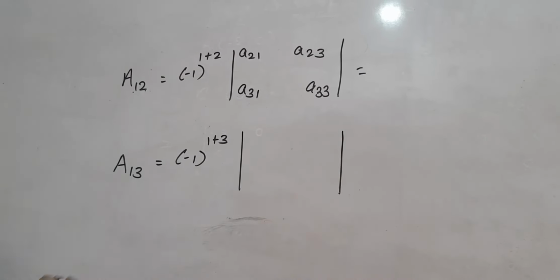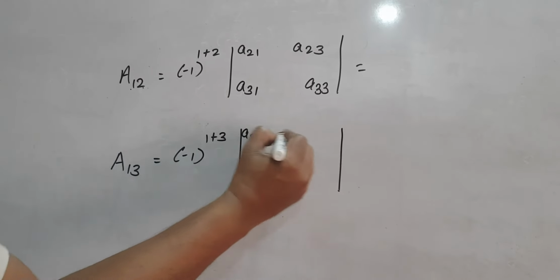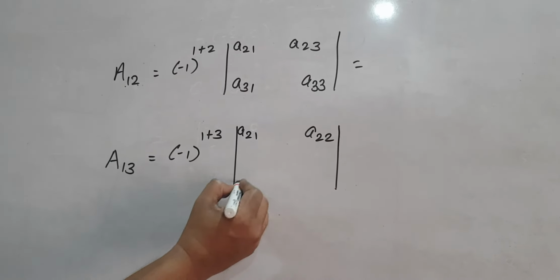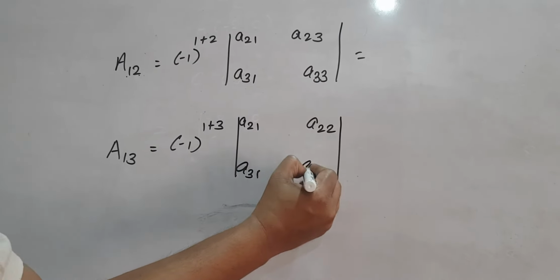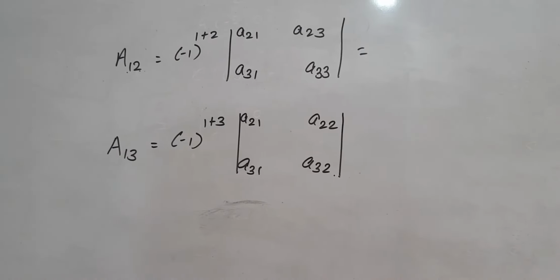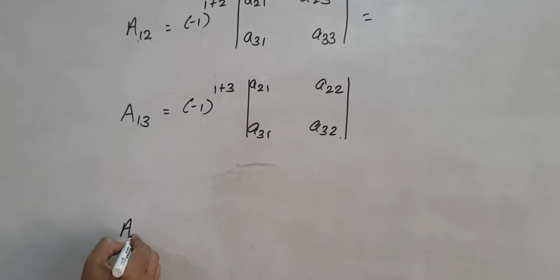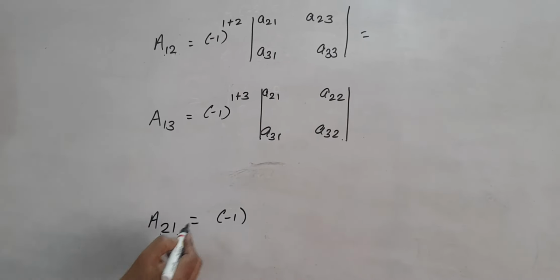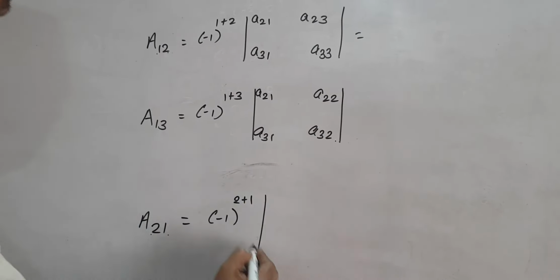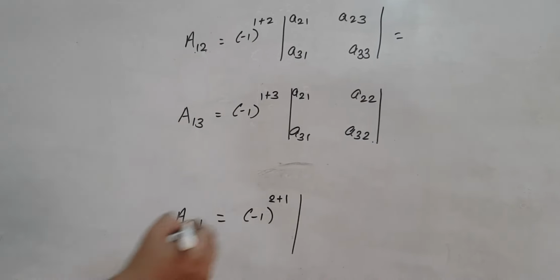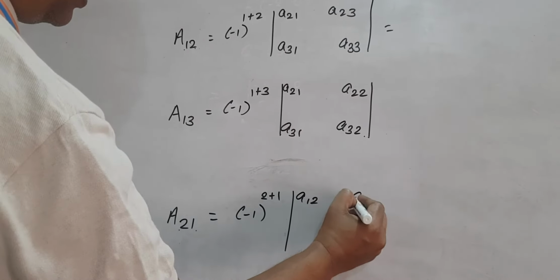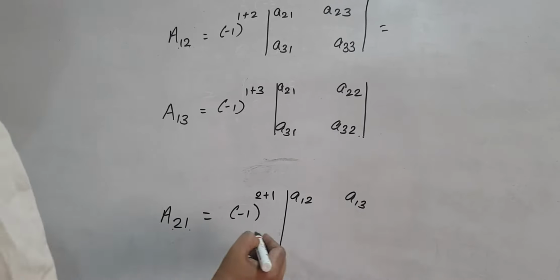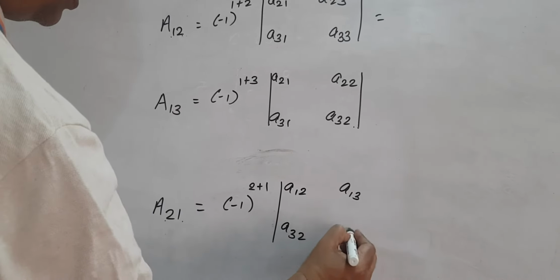The elements in the determinant we write: A21, A22, A31, A32. Understood? Similarly, capital A21 is minus 1 raised to i plus j, which is 2 plus 1. It is the element of second row, first column, with A12, A13, A32, A33.